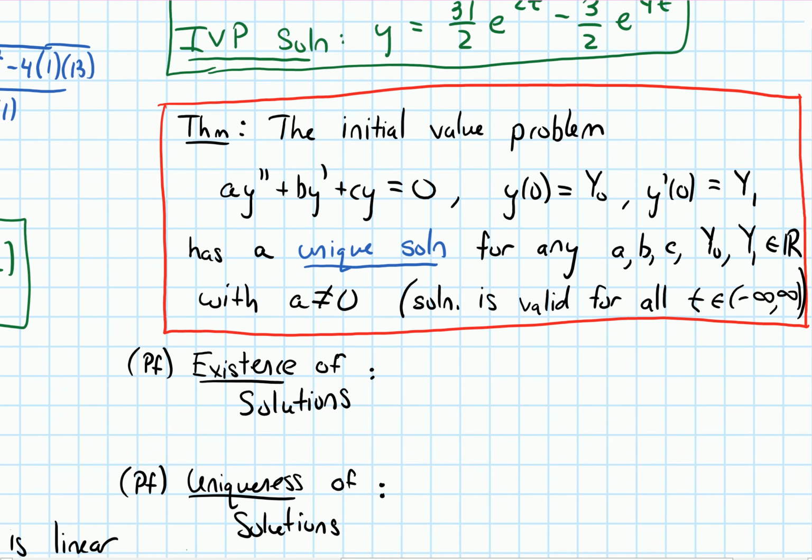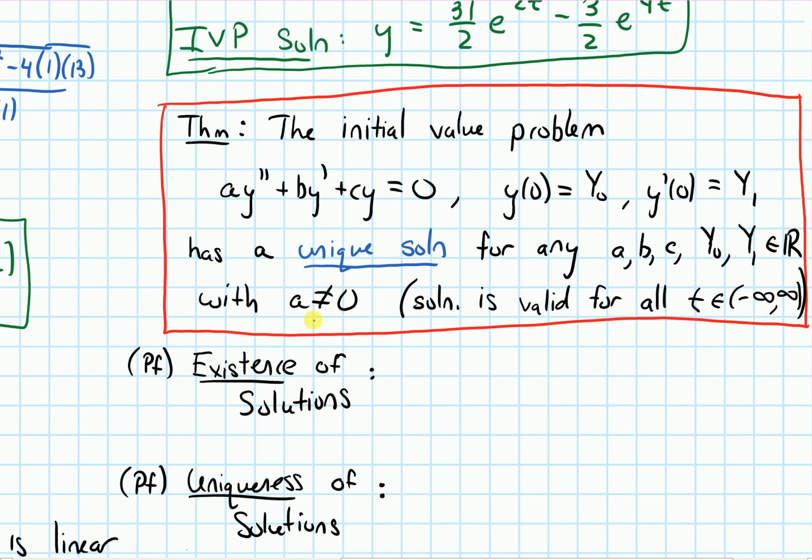If we have an initial value problem with a second order homogeneous linear differential equation of the form ay double prime plus by prime plus cy equals 0 with two initial values, y of 0 equals some constant Y0, and y prime of 0 equals some constant Y1, this initial value problem is guaranteed to have a unique solution, meaning exactly one solution, for any choice of the constants a, b, c, and also Y0 and Y1, with a not equal to 0.